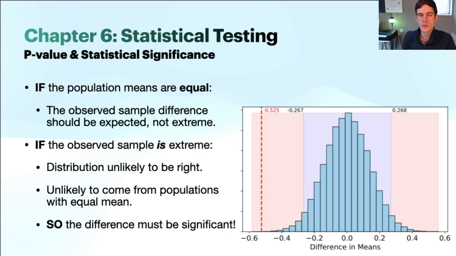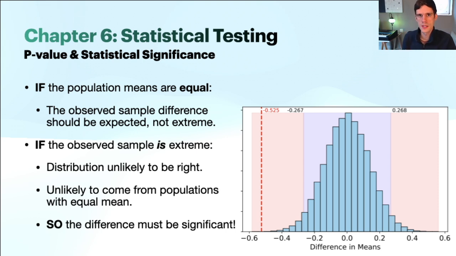Now, because this distribution is unlikely to be the right one, it means that its underlying assumptions might be wrong. Now remember, the underlying assumption is the null hypothesis, meaning that there is no meaningful difference between the underlying populations.